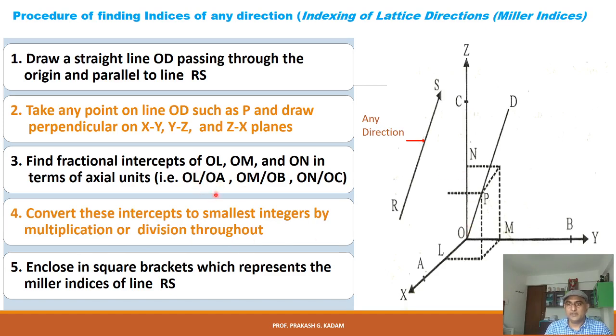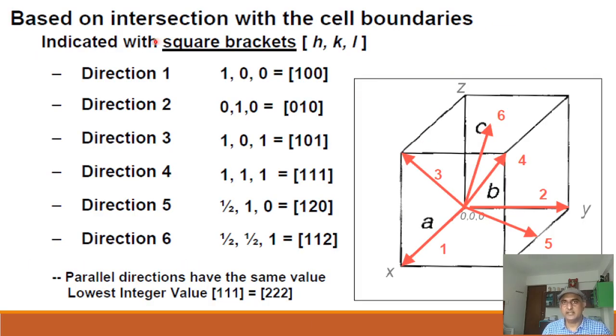Whatever numbers we obtain, we take the smallest integer number, the LCM, and multiply each fraction by it. The three numbers obtained after multiplication are enclosed in square brackets, which represent the Miller indices of the direction of line RS. They are written without commas.